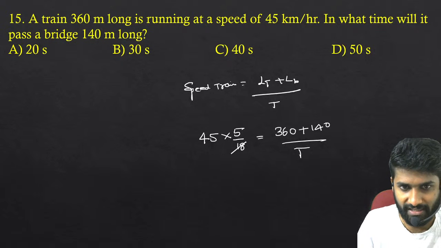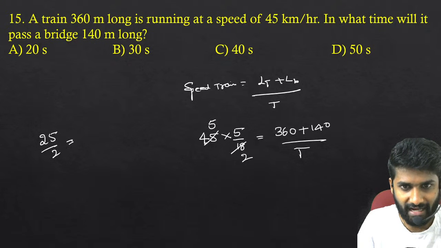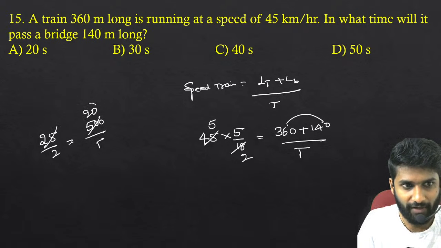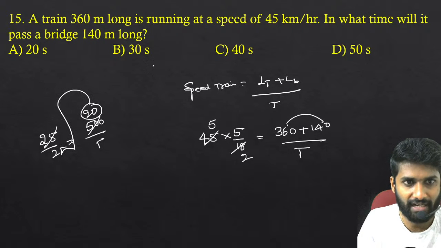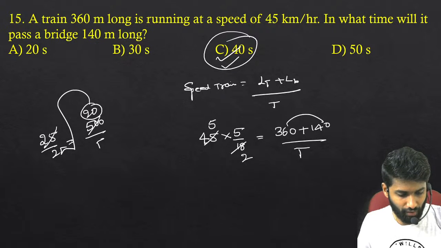So according to the theory, 9 twos are 18, 9 fives are 45, 5 fives are 25 by 2 exactly equal to 500 by t, the resultant is 400 by t. And 25 ones are 25, 25 into 2, the resultant becomes 40 seconds. The resultant becomes exactly equal to 40 seconds.